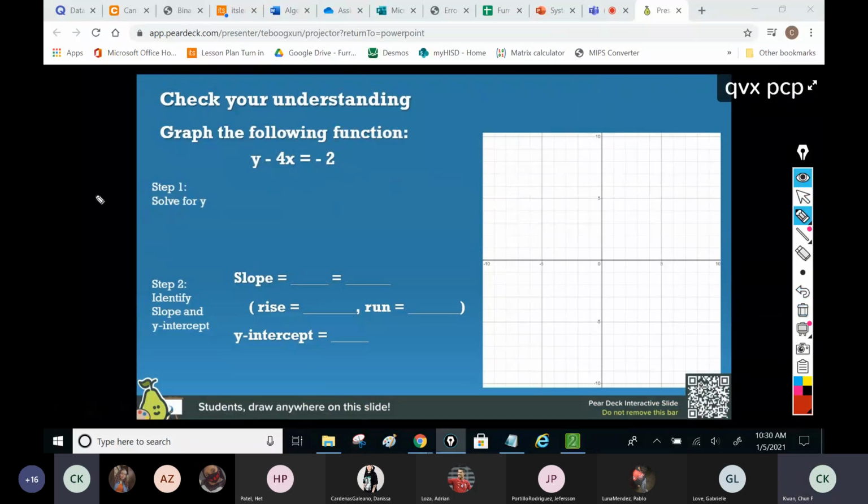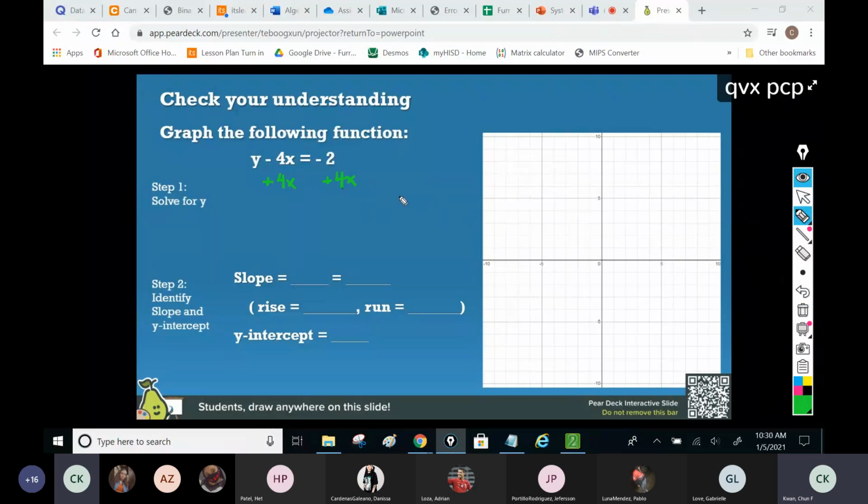So your first step would be solve for y. You got to make sure y is alone and on the left. That means negative 4x right here, you're going to have to move it to the right by doing the opposite, right? You need to plus 4x on the left, plus 4x on the right.